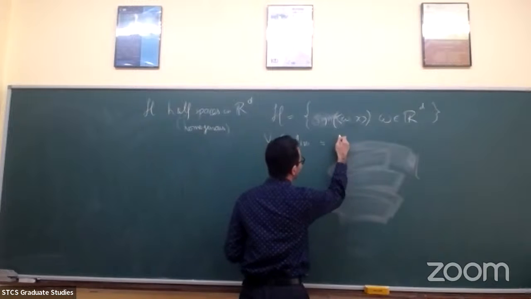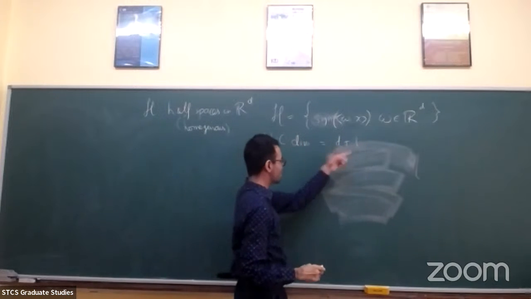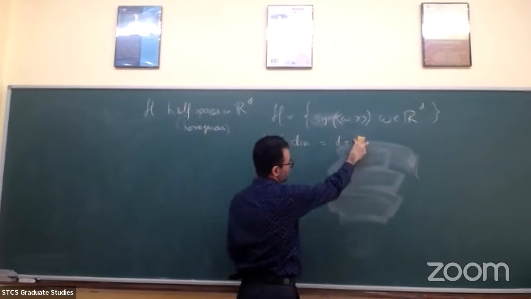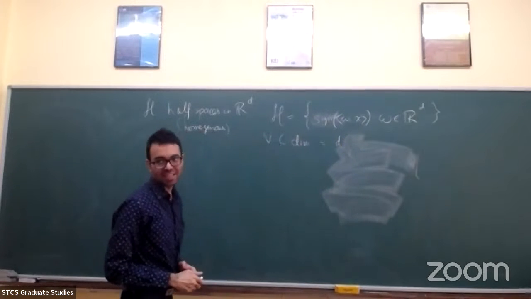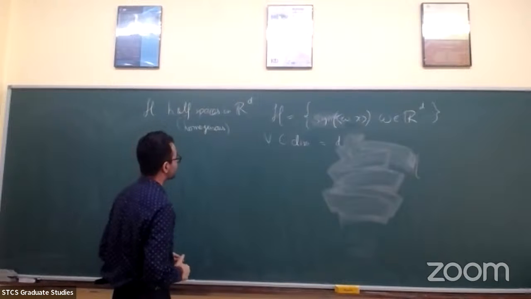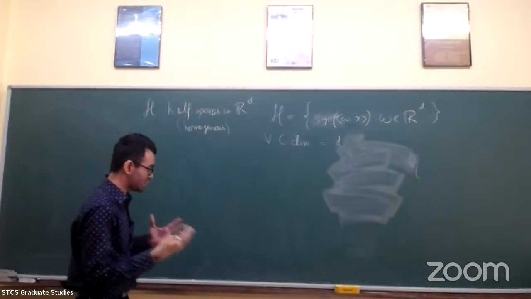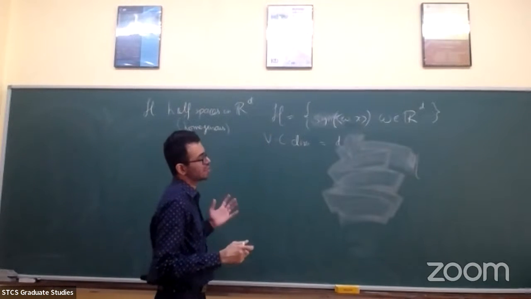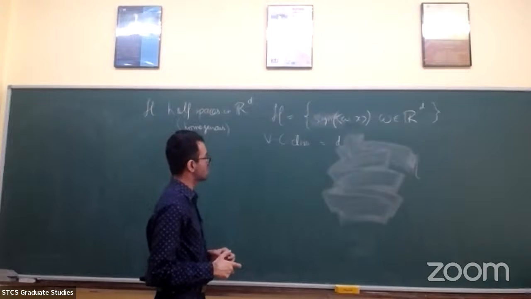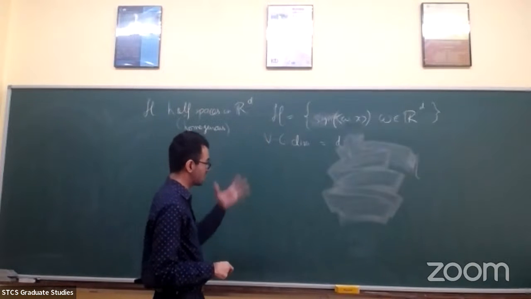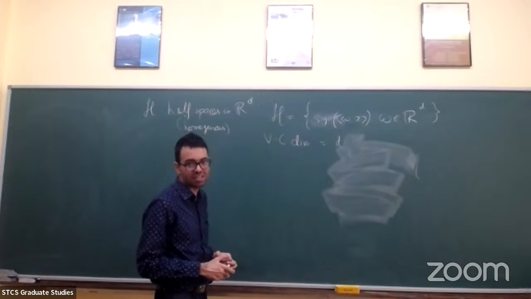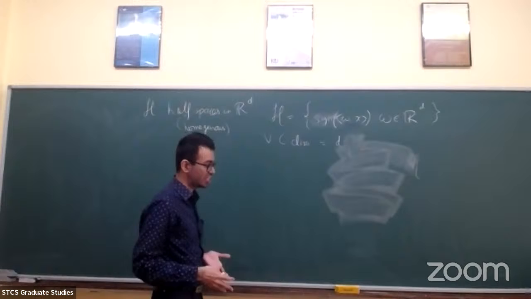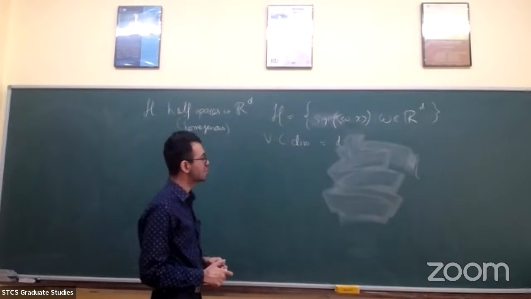It is d. So therefore this suggests that you should be able to learn this class both in the realizable case and in the agnostic case, using our VC dimension theory.